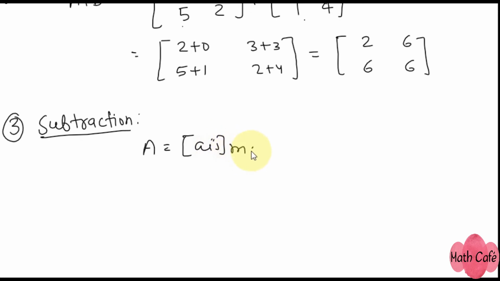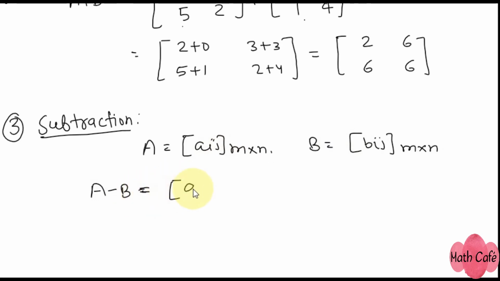If a matrix A is represented by Aij of order m cross n, and another matrix B is represented by Bij of the same order m cross n, then we can find A minus B by subtracting all the corresponding elements of B from A. So we will obtain A minus B as Aij minus Bij, and the order of the A minus B matrix will be the same, m cross n.